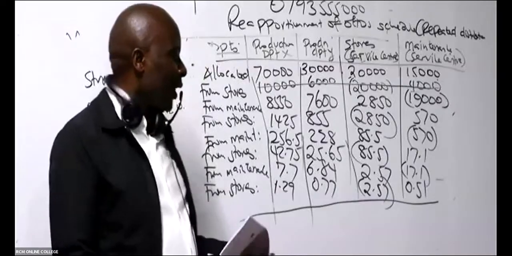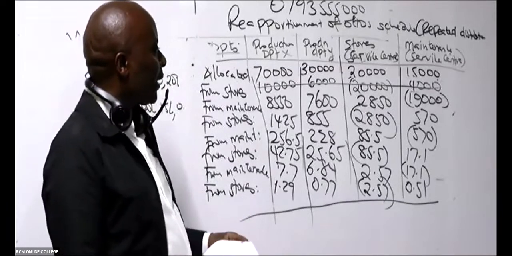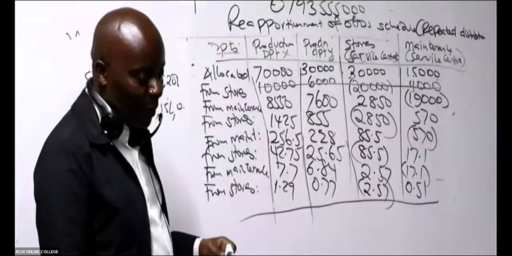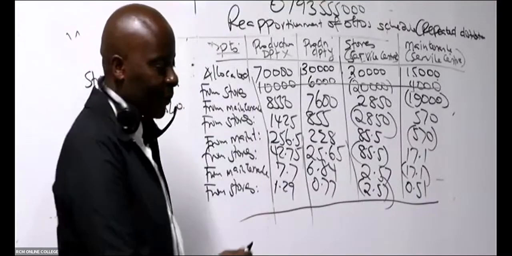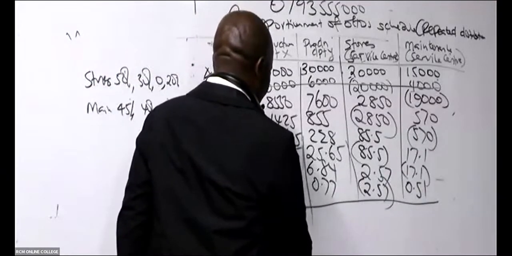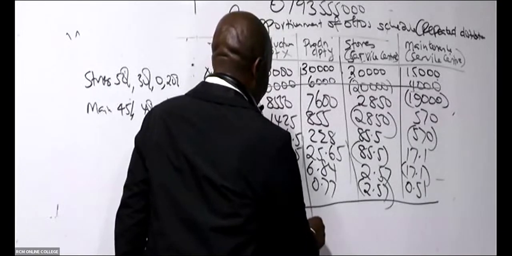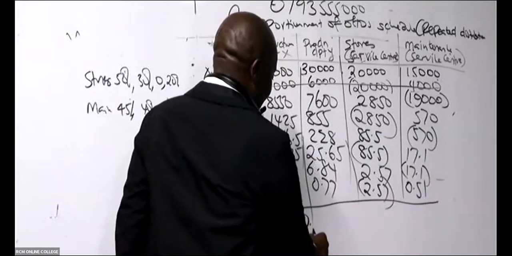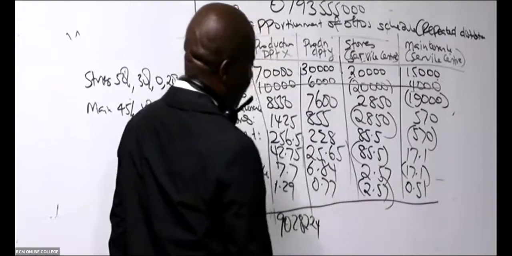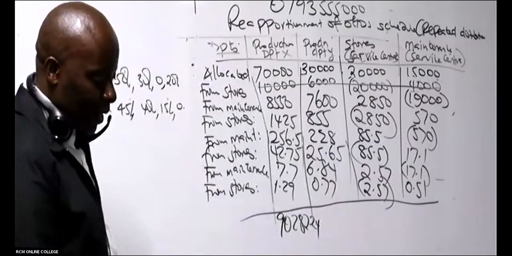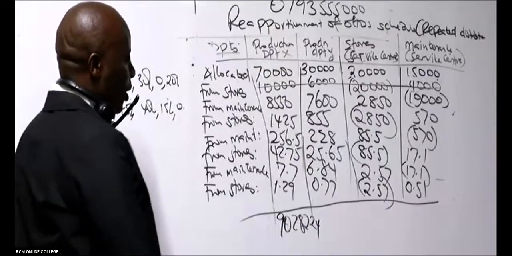So I'm being given figures, ladies and gentlemen, for production department X. How much are we getting? 283, isn't it? Or 282.2, right? 280.24. Okay.